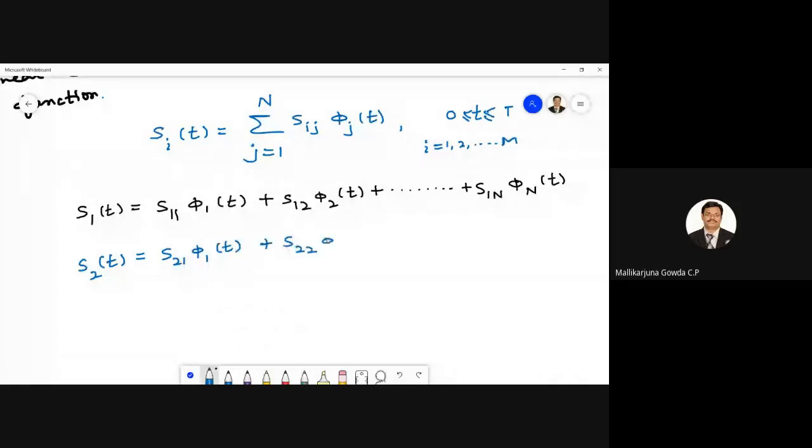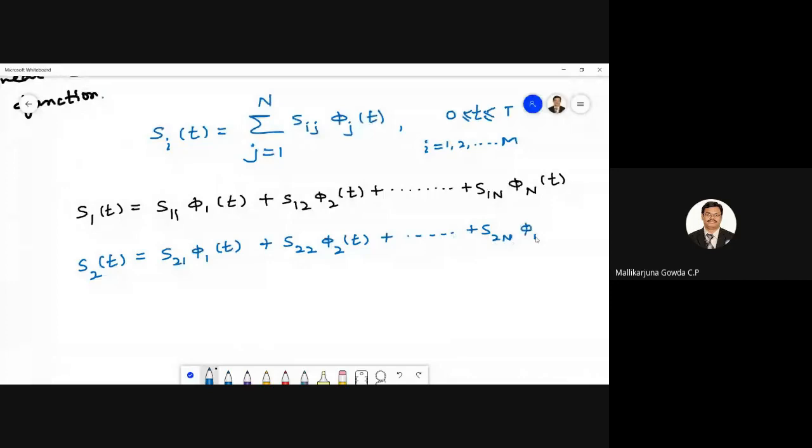Very good. Now the value of i is 2, so here I need to substitute i as 2. Then j can be varied from 1 to n. That is why it is S21 phi 1 of t plus S22 phi 2 of t, and so on up to S2n phi n of t.